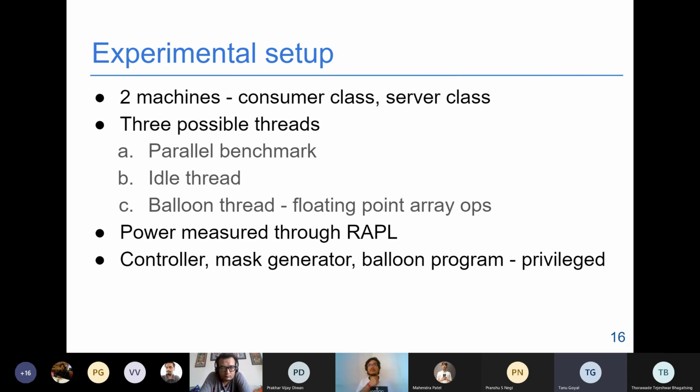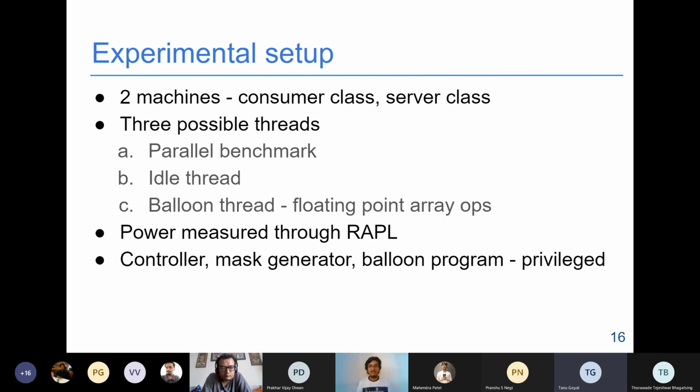So the authors basically used operating system threads, and they implemented Maya on 2 machines, a consumer class machine and a server class machine. Both were multi-core machines. And there were 3 possible threads that could be executed on each of the logical cores at any point in time. One corresponds to the parallel benchmark. The other is an idle thread, which is used to reduce power.